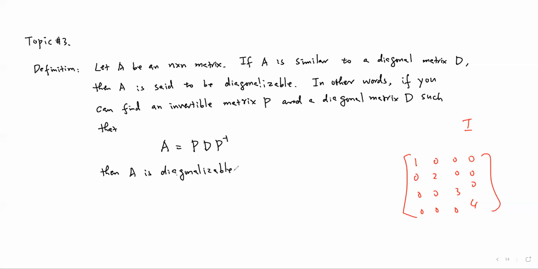If you can find P and a diagonal matrix D so that this equation is true, A is similar to D. If you cannot find P and D so that this equation is true, otherwise, A is not diagonalizable. Yeah, this is the definition.